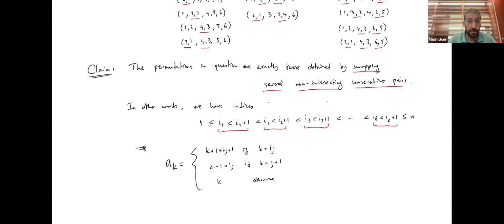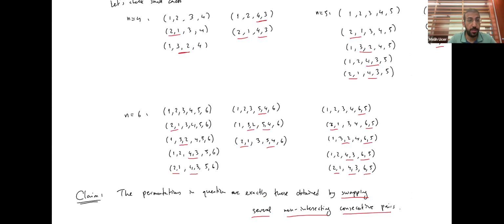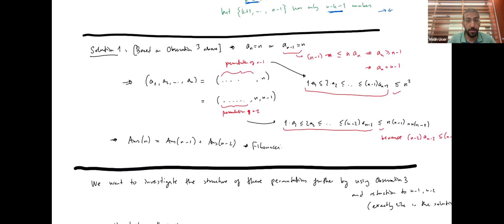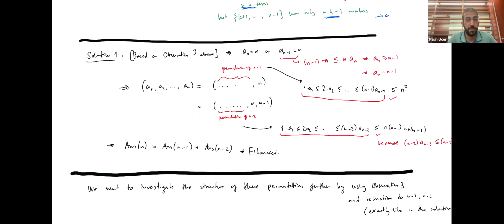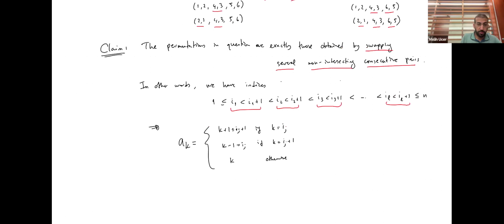Now we have to prove it. But the proof will be essentially the same thing. How did we obtain the claim? By using observation 3 and the reduction argument. So the proof should be exactly like that. We have to prove this claim exactly in this manner. It should be exactly like the solution. Proof of the claim.